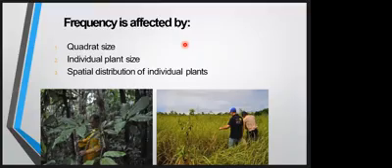So it depends on the physical and chemical quality of the soil. Maybe that particular species cannot survive on the side with very dry land or soil, then definitely it will not be present there. So that's why frequency is affected: you can find it on one side, but on the other side you cannot find it.